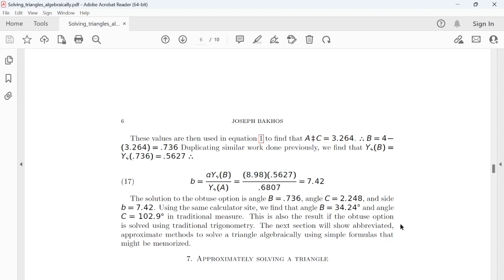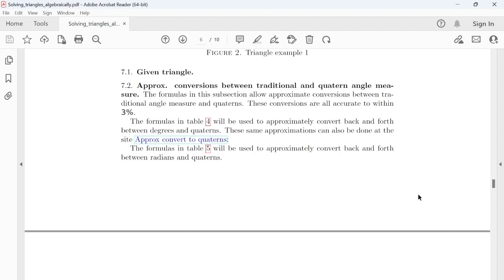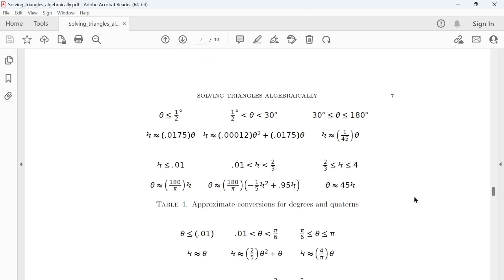We found the quatern measure of all the angles of that triangle, and we also found all the sides. In the quatern measure, you can go back to degrees approximately, if you use these charts here in the paper, which I will link to.